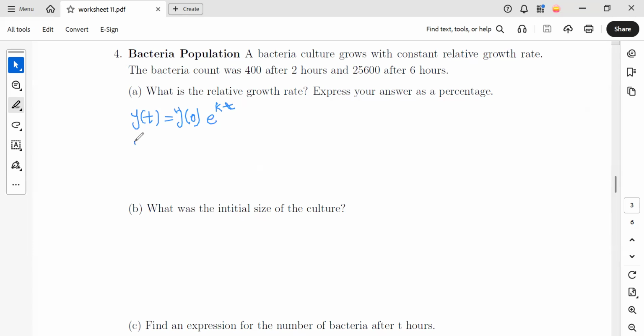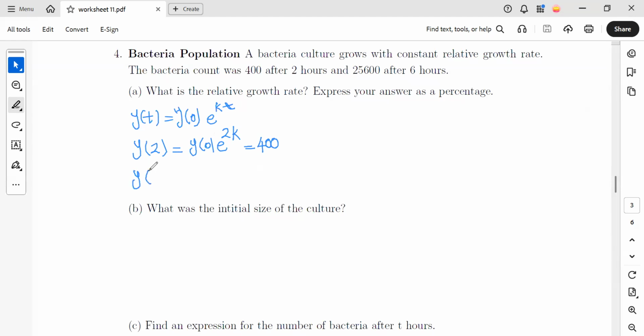And also, based on the question, we would see that y of 2 is equal to y of 0 times e to the power 2k, which is 400.